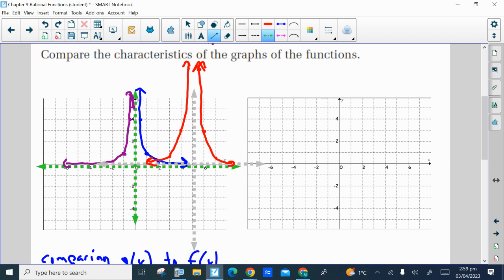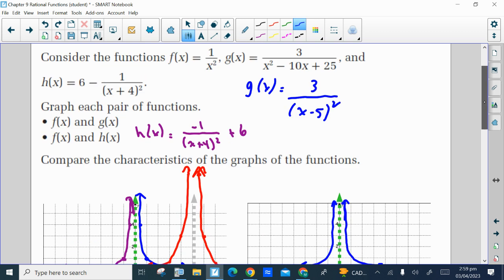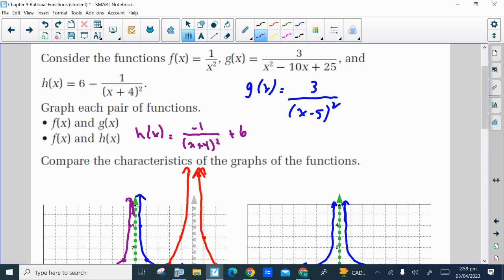So let's draw, we're comparing it to y equals 1 over x squared, which we've seen what it looks like. For h at x, we have a non-permissive value at x equals -4.